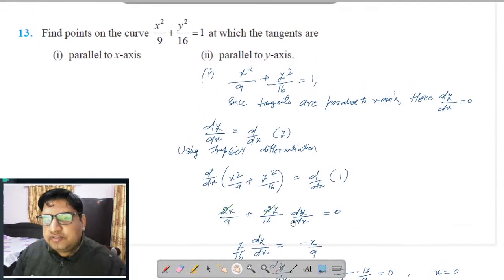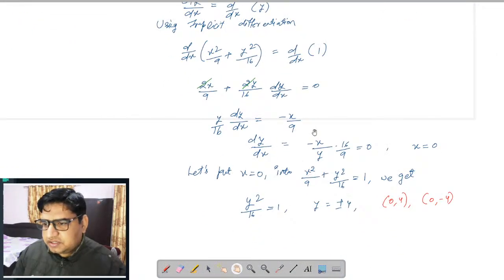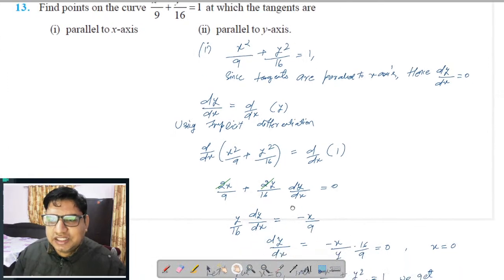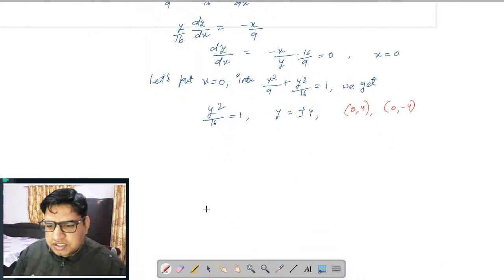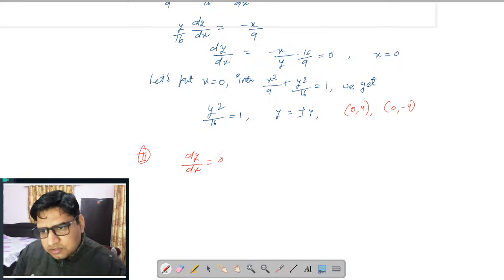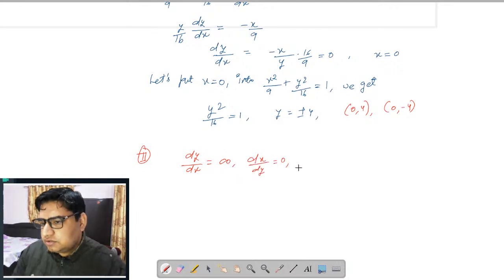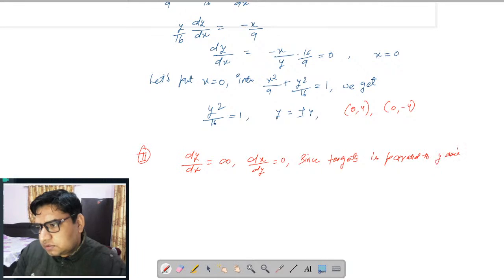These are the 2 points that we get from here. We need to find the points on the curve, so we get 2 points where dy by dx is equal to 0, parallel to the x-axis. I hope this is clear to you, and we'll try to solve the second part from here. In the second part, dy by dx is equal to infinity, and dx upon dy is equal to 0, since the tangent is parallel to the y-axis.